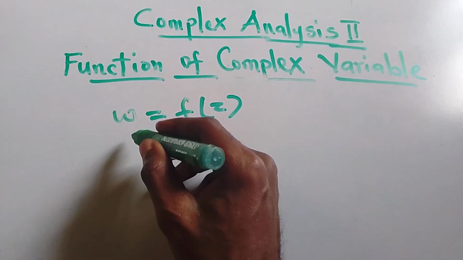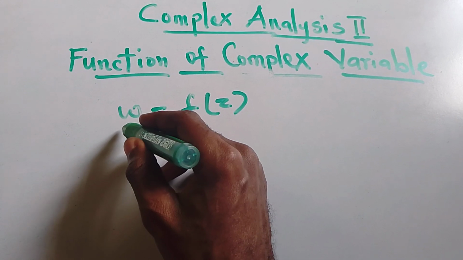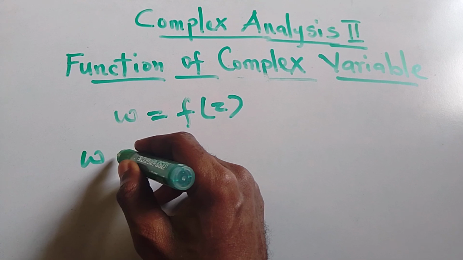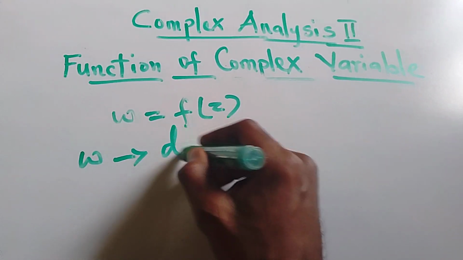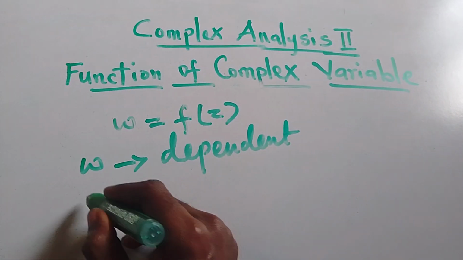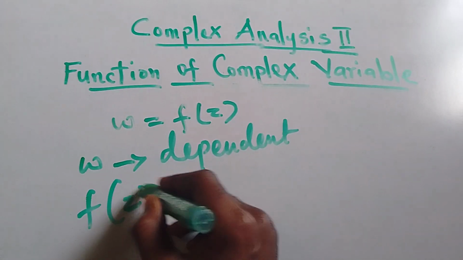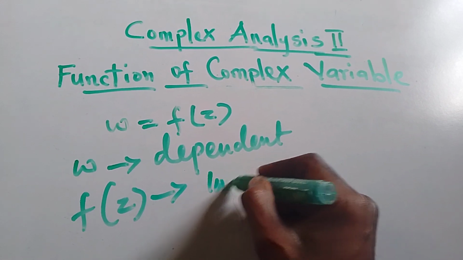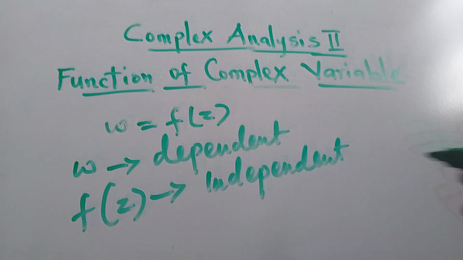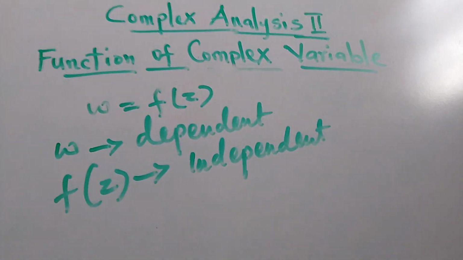Then at this point now we can say that w is the dependent variable. W is the dependent variable, while f of z is independent variable. So f of z is independent, w is dependent.